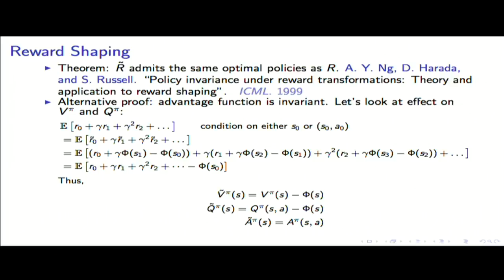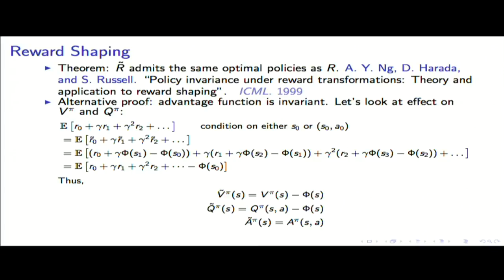That tells us how the value function and the Q function are going to transform under this reward shaping transformation. The value function of the policy is defined by taking this expected sum of rewards conditioned on the first state, so that's going to get shifted by phi. Same thing with the Q function, where the expectation is conditioned on the first state and the first action.